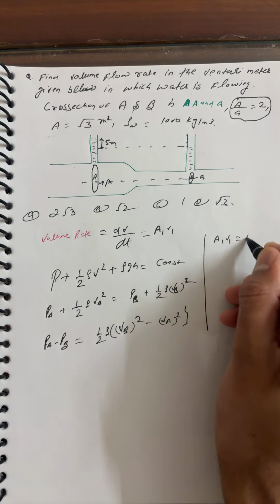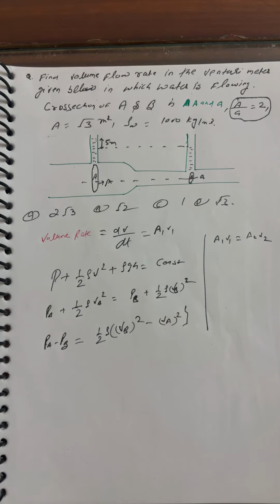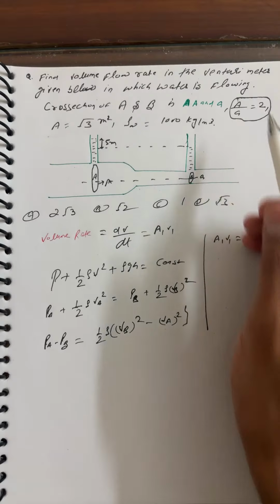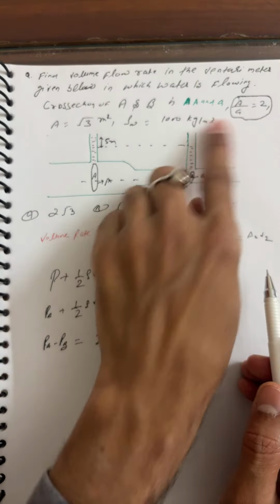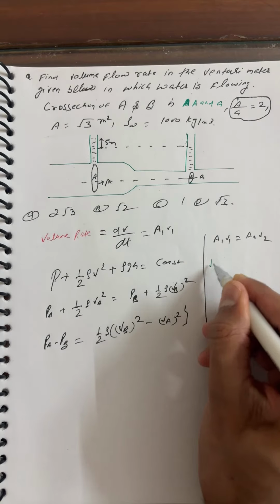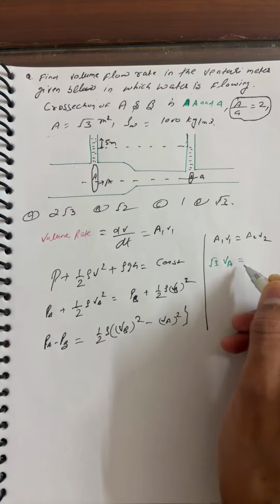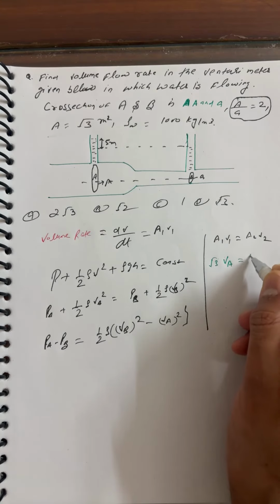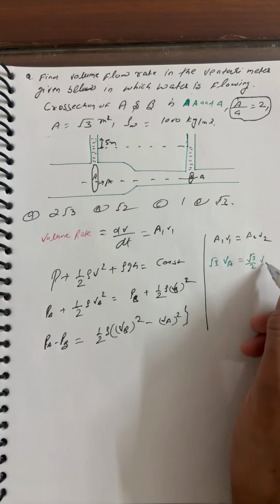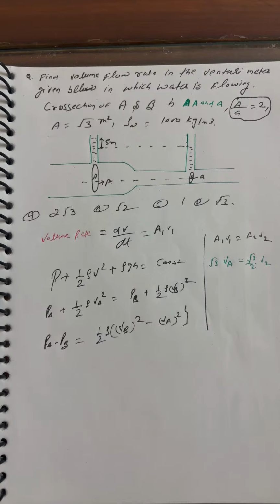A1 V1 is equal to A2 V2. Let us suppose I'm calling the area A. A is mentioned as root 3. So you can say root 3 VA is equal to, can you see A2 here, root 3 by 2 into V2 only, right?